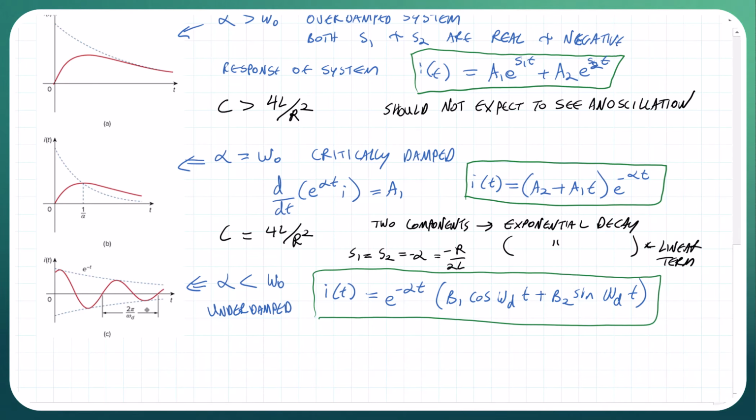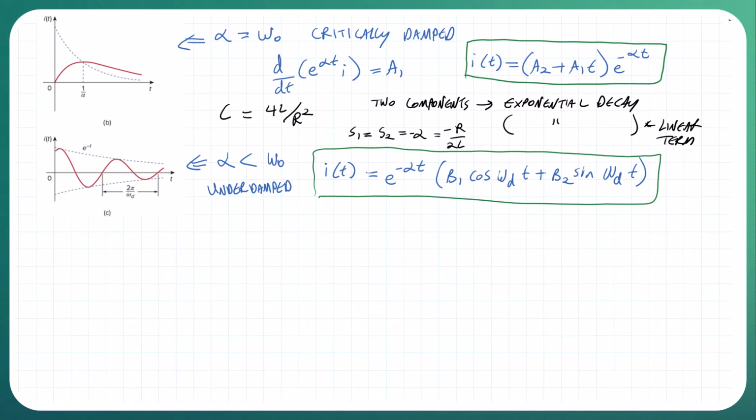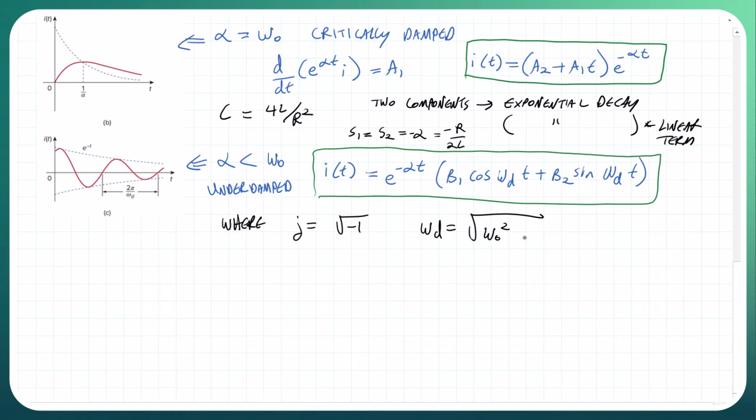The figures on the left here, you see that we see some oscillations. In here, I'm going to scroll up a little bit, where j is going to equal the square root of minus 1, and omega d is going to be the square root of omega naught squared minus alpha squared. Okay, this is for the underdamped case.